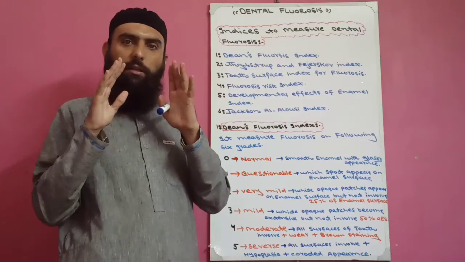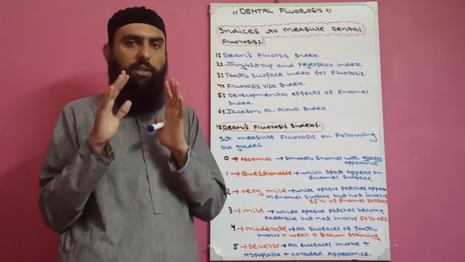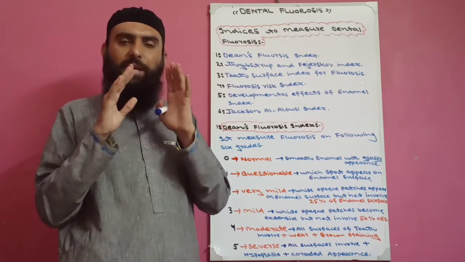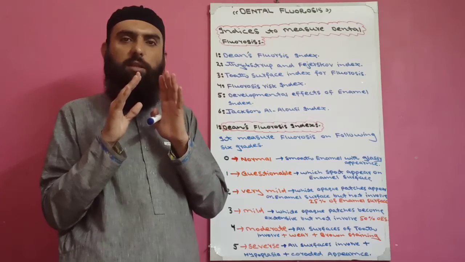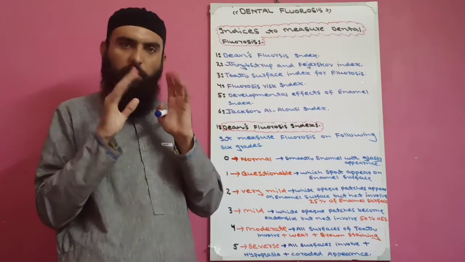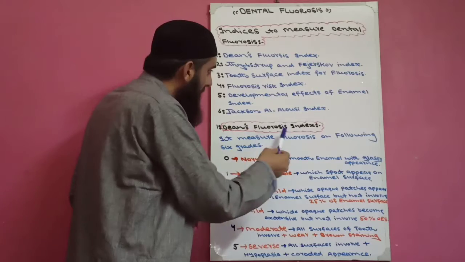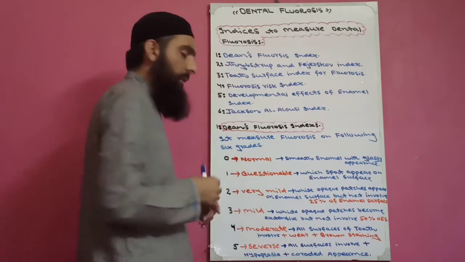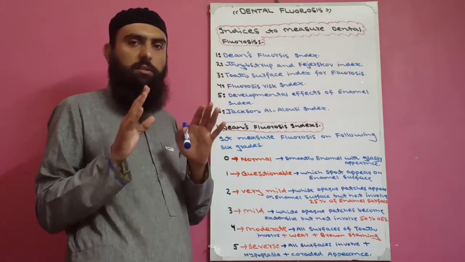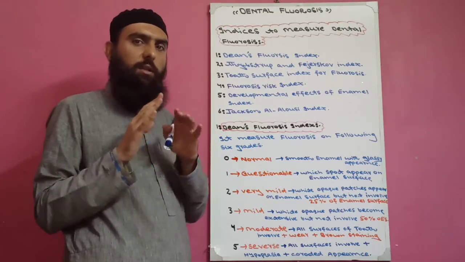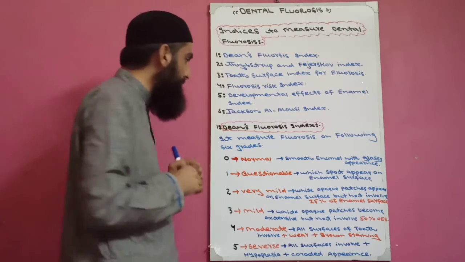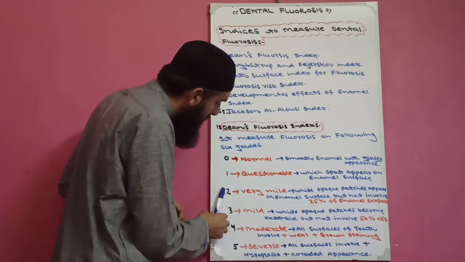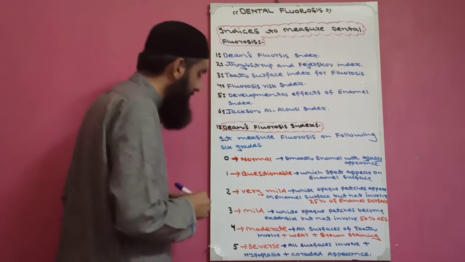Dean made 6 grades to measure the severity of dental fluorosis: 0, 1, 2, 3, 4, 5.